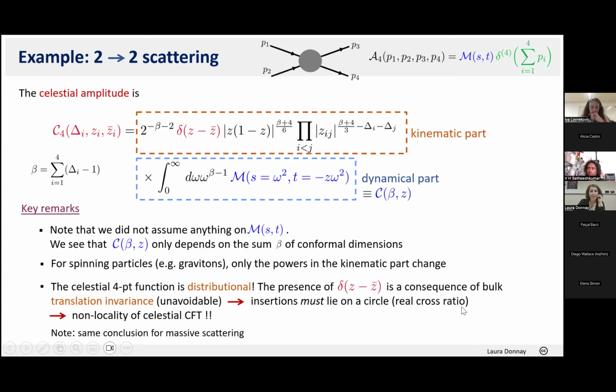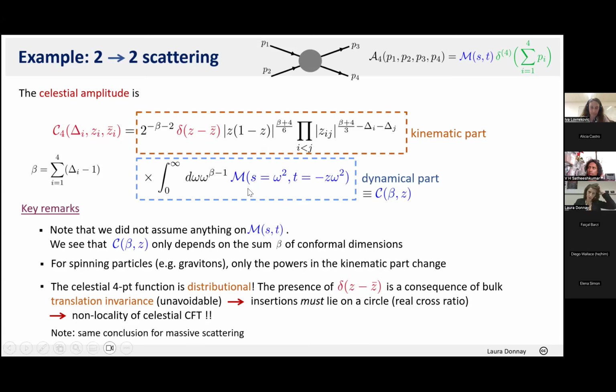And you see, it's extremely weird. From the bulk point of view, it's extremely natural because it's translation invariance. But from a 2D CFT perspective, this signals a non-locality of the theory because it's a distribution, okay? So if you hand this sort of 4-point function to a person doing CFT, he will tell you, okay, let me try to understand with you what the celestial CFT is, give me the 4-point function. Whatever theory, perturbative, non-perturbative, it will have this delta function.